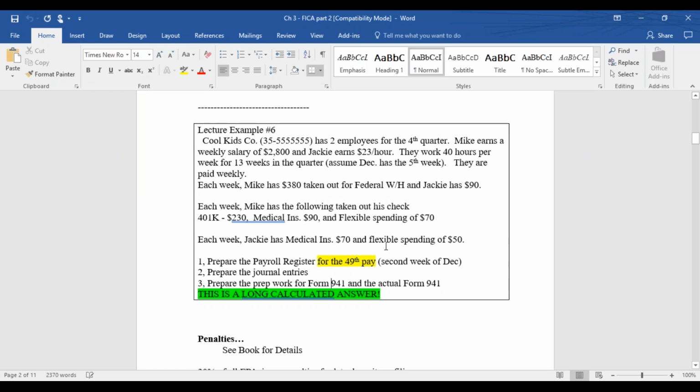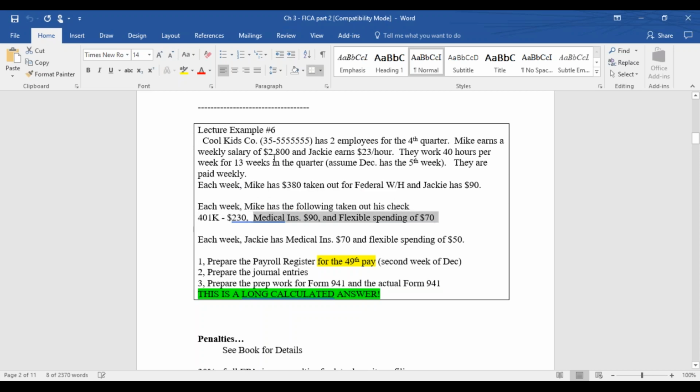All right, if we look back to Mike, Mike earns $2,800. That's going to be our starting point for Mike. For Social Security and Medicare, we're going to note that this doesn't get affected for Social Security. We can't deduct for 401k, but we can deduct for these 2.